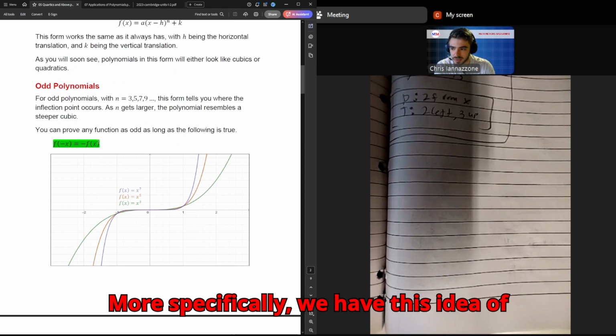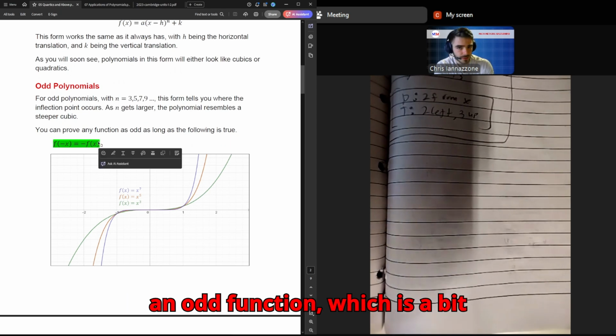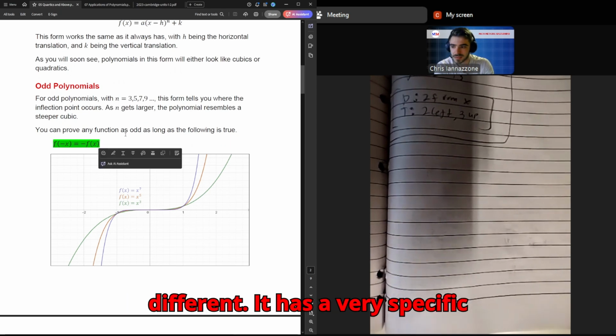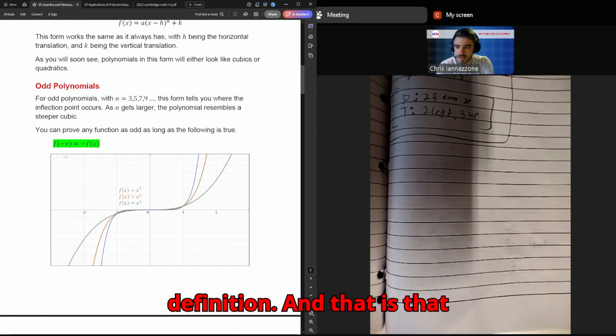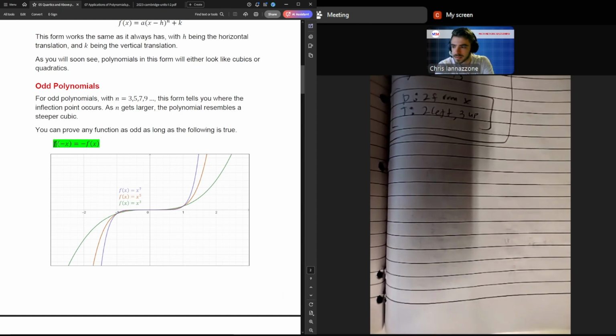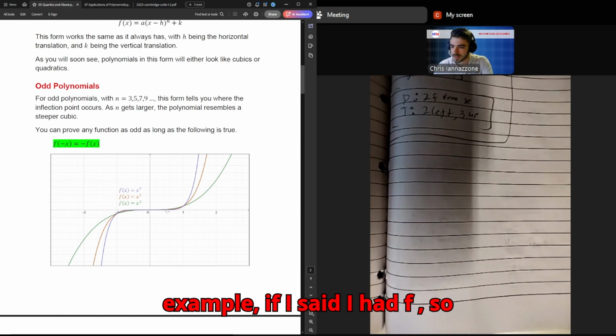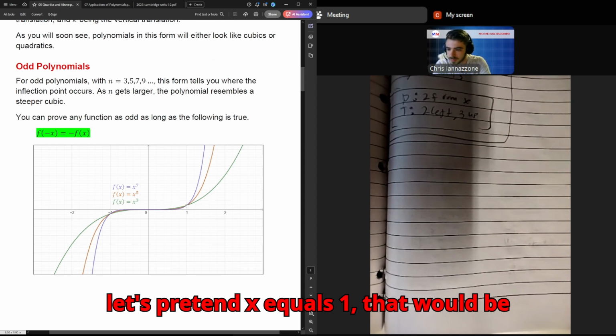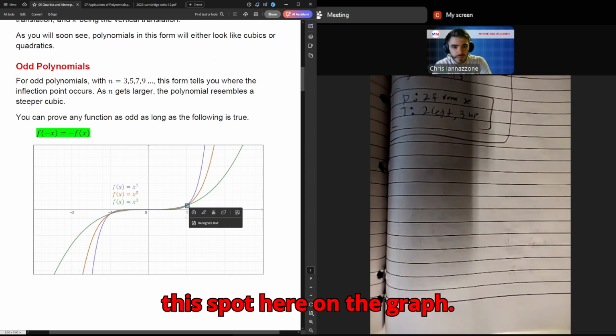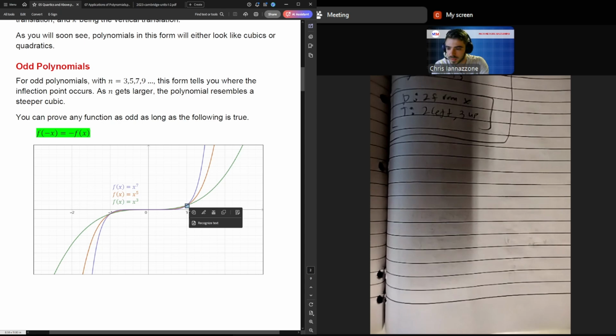More specifically, we have this idea of an odd function, which is a bit different. It has a very specific definition, and that is that f of negative x is always equal to negative f of x. So what that means in this context is, for example, if I said I had f of x, so let's pretend x equals 1, that would be this spot here on the graph.